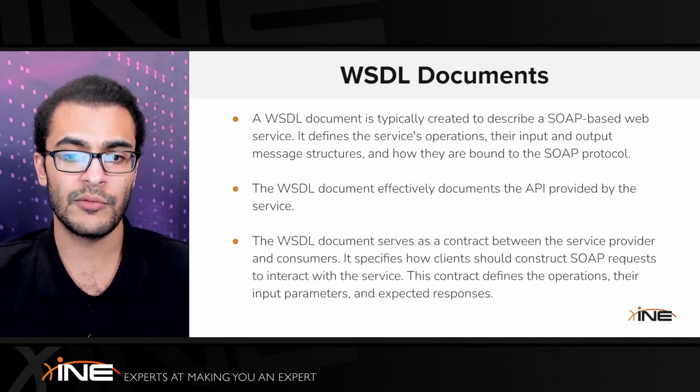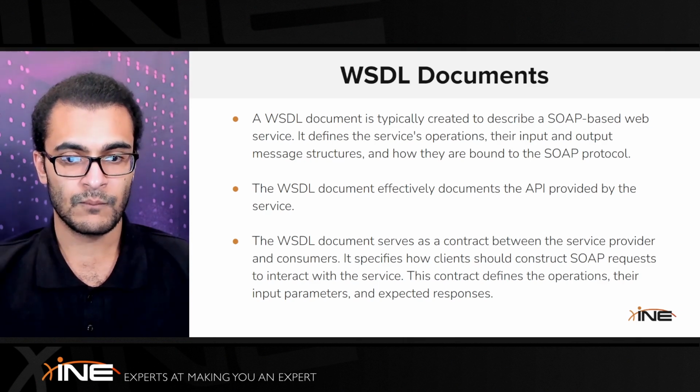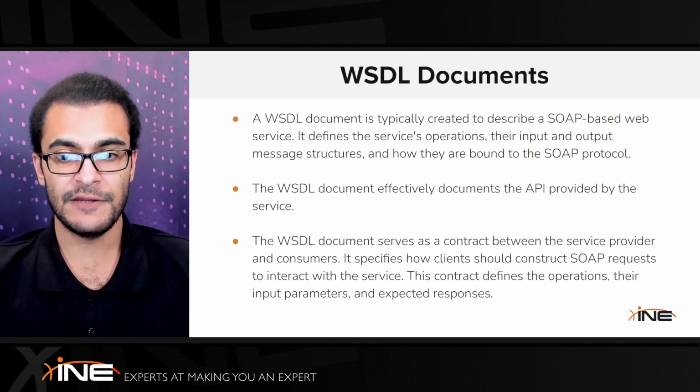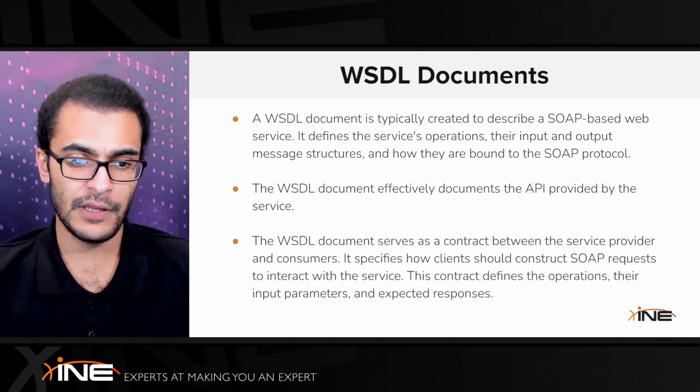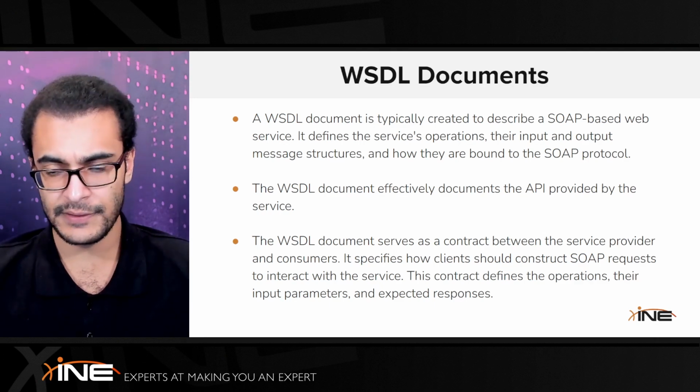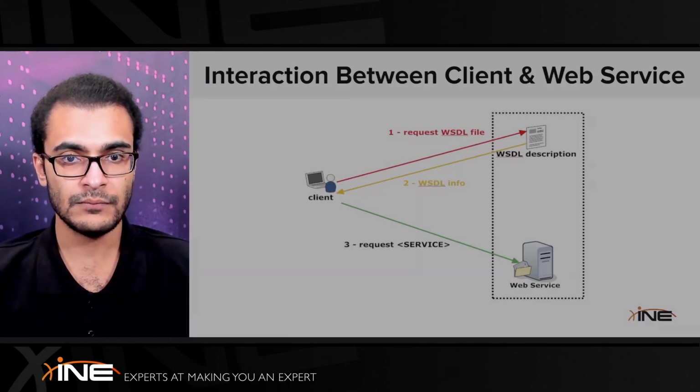And the WSDL document serves as a contract between the service provider, which I already stated, and the consumers. It specifies how clients should construct SOAP requests to interact with the service. This contract essentially defines the operations, their input parameters, and the expected responses.